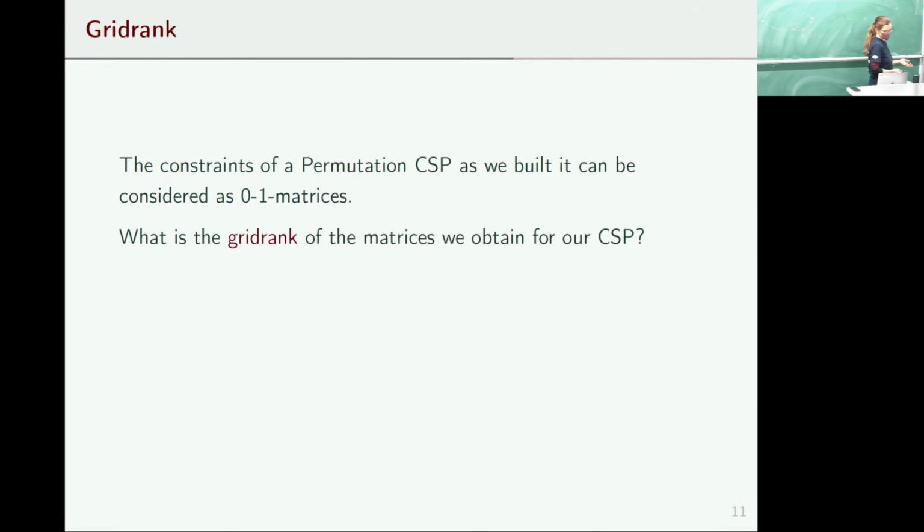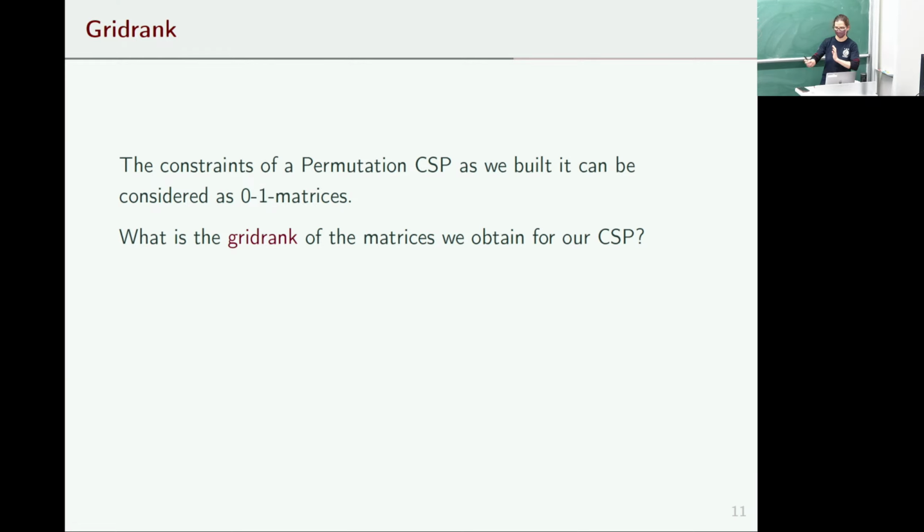Right, now I want to look at how complicated this constraint satisfaction problem is that I get. So I make it a permutation CSP, represent all the constraints as matrices, and look at what the grid rank is.